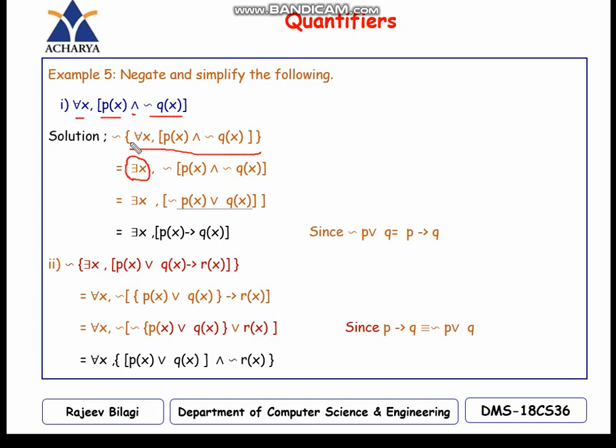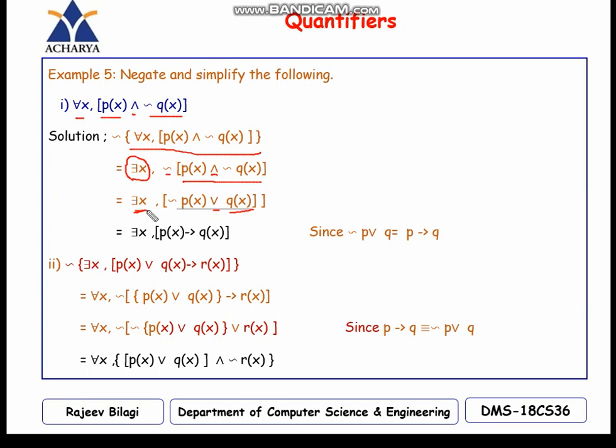Then negation of the same statement which is being given, so I can write for some x, negation of P of x, and becomes or, then negation of negation, that is Q of x.